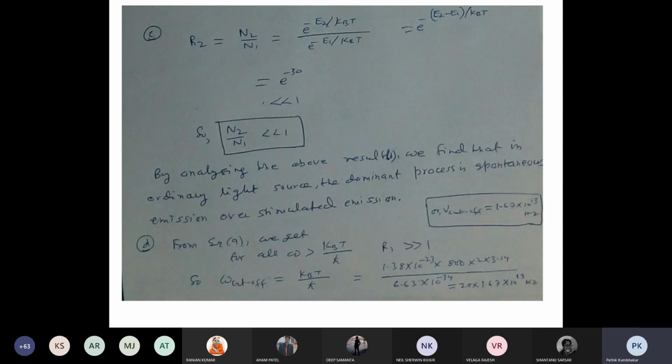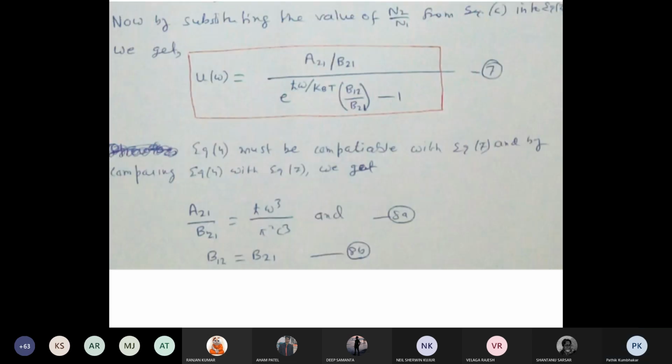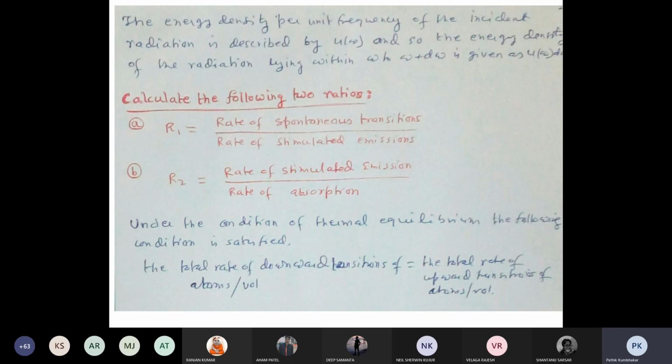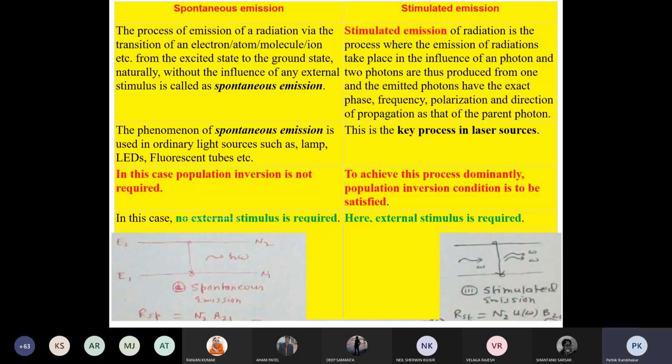But before I end today's class, let me quickly summarize the difference between spontaneous and stimulated emission. In the case of spontaneous transition, the process of emission of radiation via the transition of an electron, atom or molecule from the excited state to the ground state naturally, without the influence of any external stimulus, is called spontaneous emission.